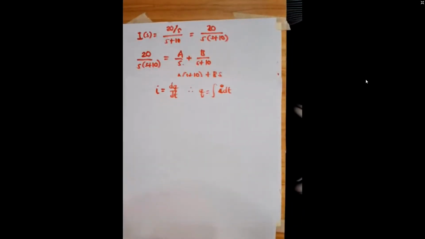Question na lang natin na at time 0, charge is also 0. Mga initial conditions. Kasi pag at time 0, current is 0, so that means no charge moved. So walang charge na nag-move, so ina-assume natin na yung total charge ay 0 din.